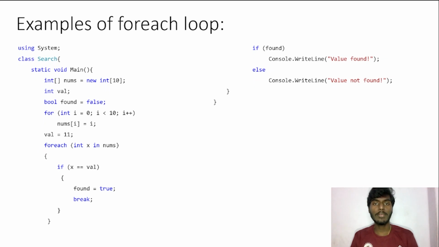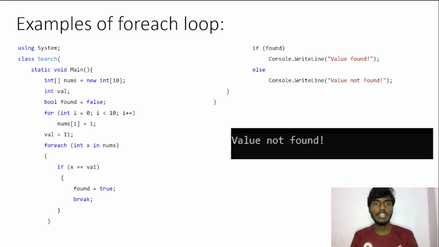The boolean variable found, which was initially false, is turned to true. And in the next if condition, if the found value is true, then the value is found. If the found value is false, then the value is not traced. So in this program, the output will be value not found, as the value 11 is not present in the array.